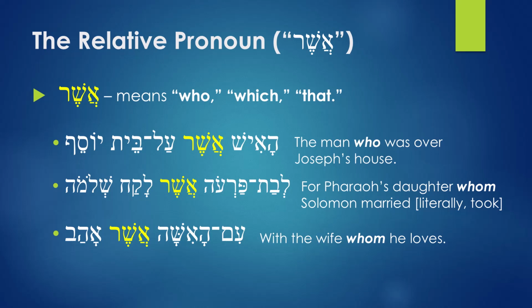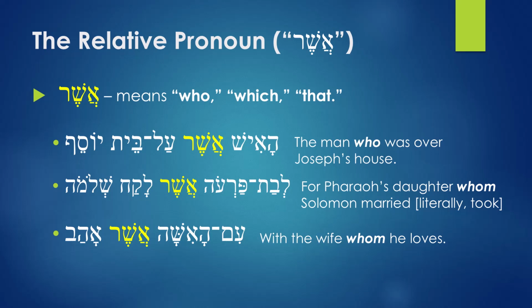The woman asher, who, ahav means he loved, he loves. So im, with the isha, the wife or the woman, with the wife, asher, whom he loves.